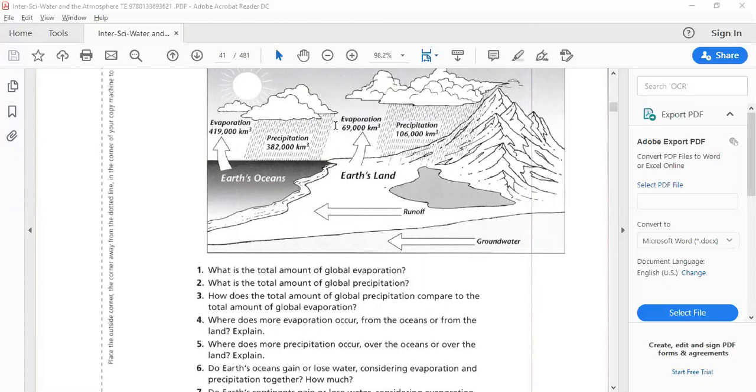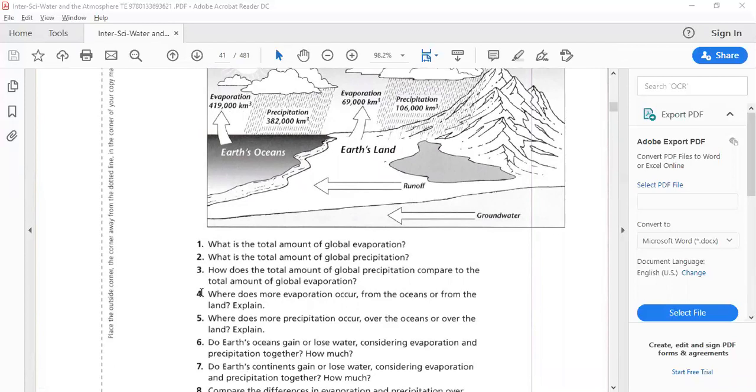If I add them together, it will be around 488,000 cubic kilometers.